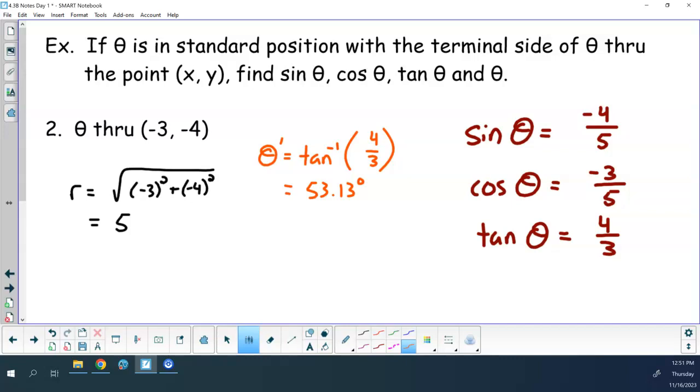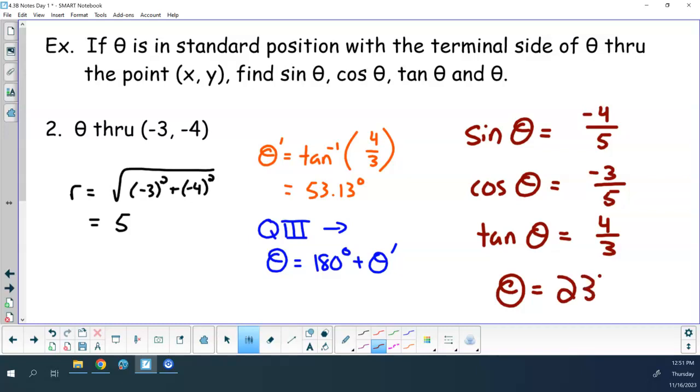I'm in quadrant 3. Because I am in quadrant 3, my actual theta is 180 degrees plus my reference angle. So my actual theta is 233.13 degrees. Agree?